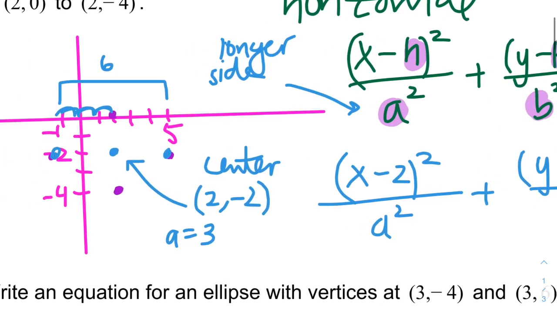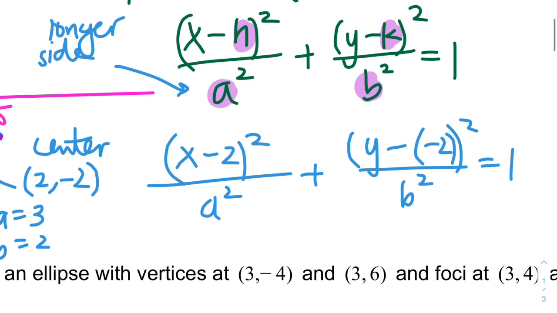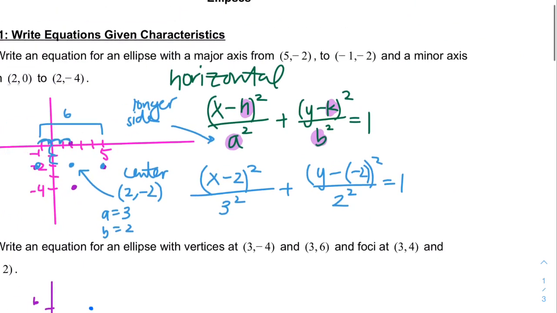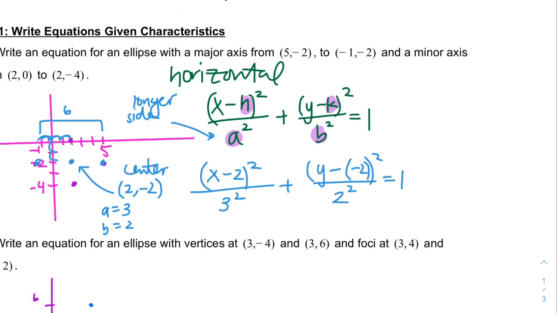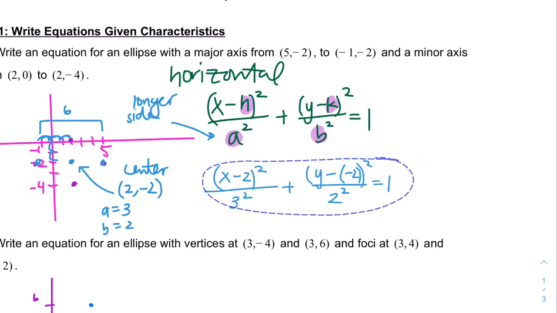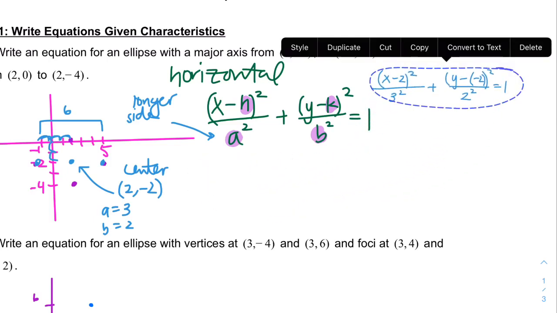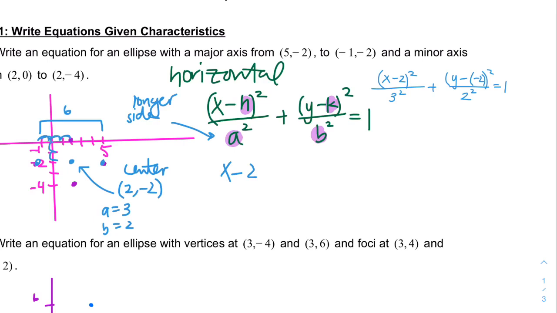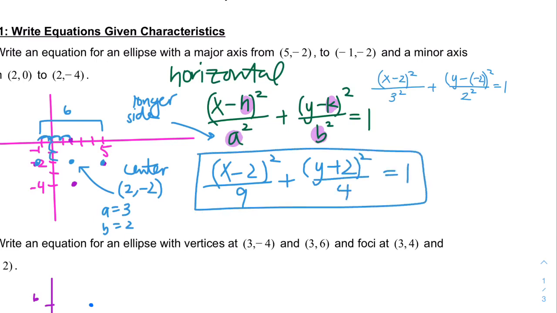And so b is going to be the distance on the shorter side, which is 2. So b is equal to 2. So I'm going to go ahead and replace those there. I have 3 and 2. So when I rewrite my equation, just to simplify it a little, it's going to become (x minus 2) squared over 9 plus (y plus 2) squared over 4 equal to 1.